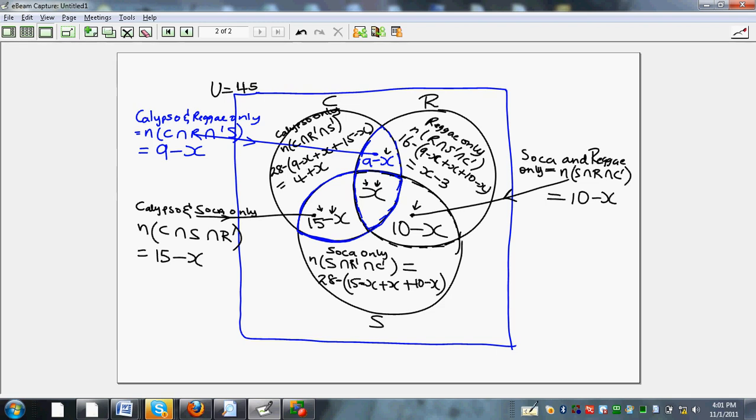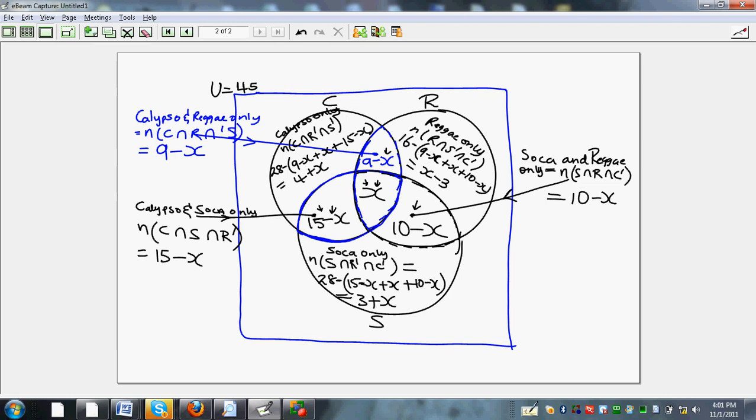Okay, and when you evaluate this, that will work out to be 3 plus x.